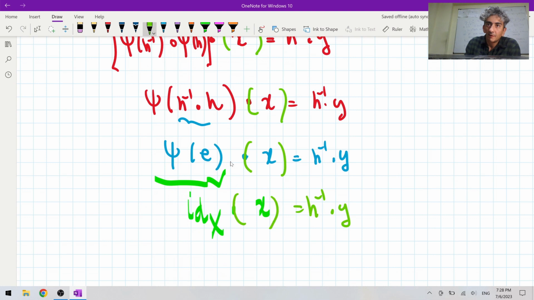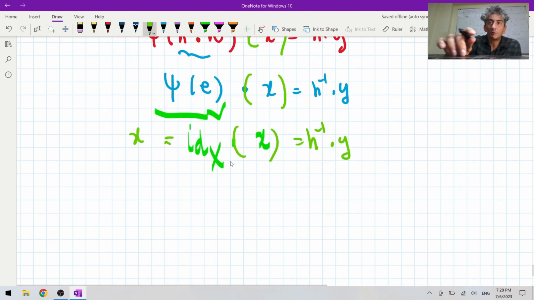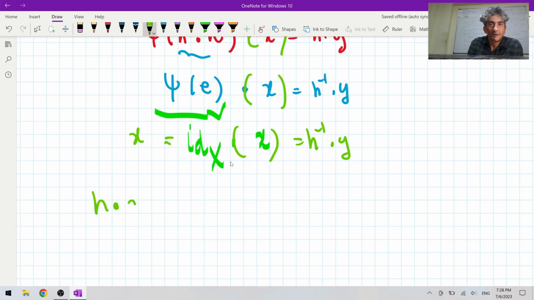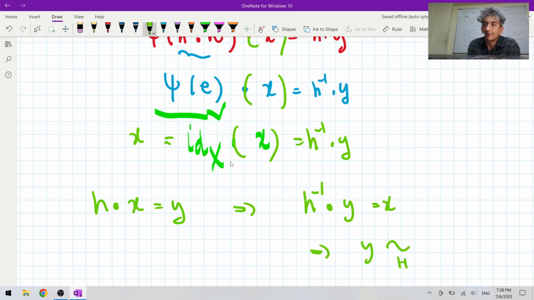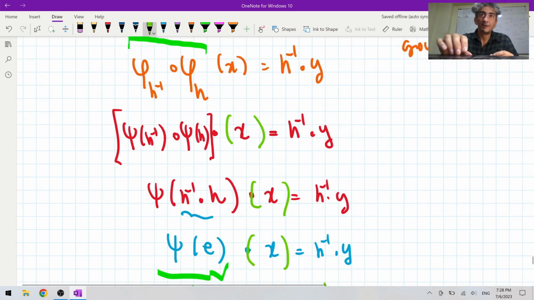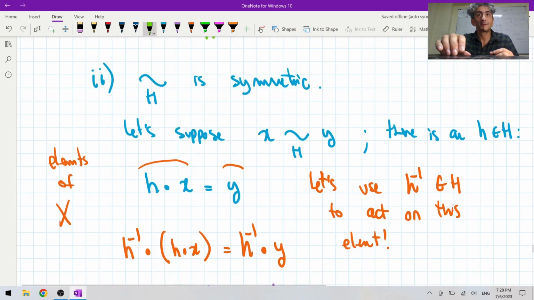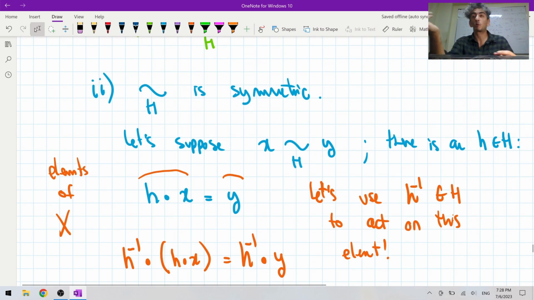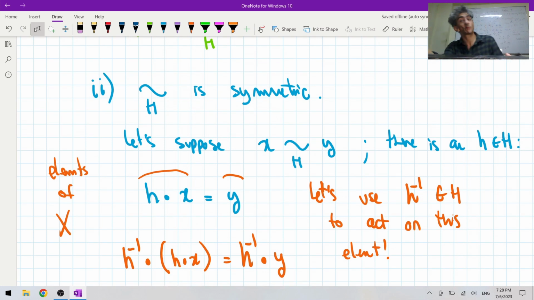And this is simply X. So we have shown that if H takes X to Y, then H to the minus 1 takes Y to X. And that means that Y is H related to X. So this means that this relation is actually symmetric. Whenever we have X related to Y, we also have Y related to X.